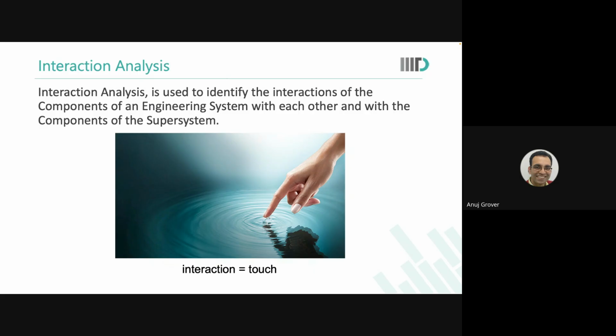I will read it out again. Interaction analysis is used to identify the interactions of the components of an engineering system with each other and with the components of the super system.